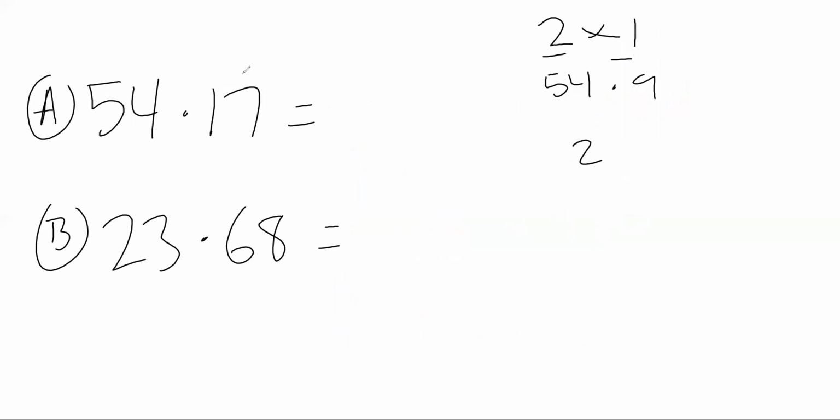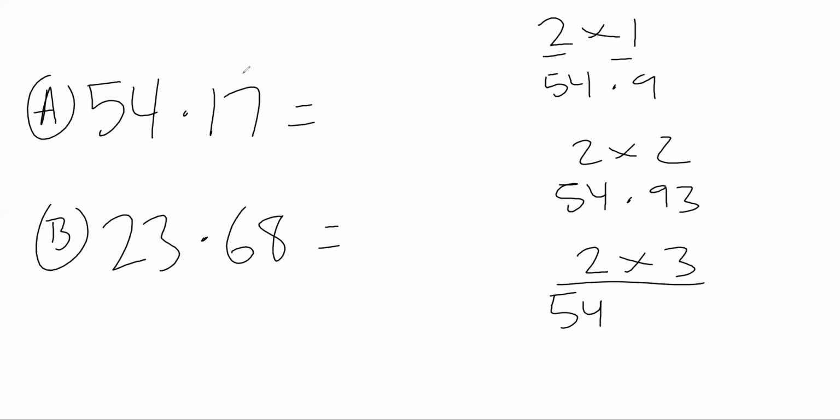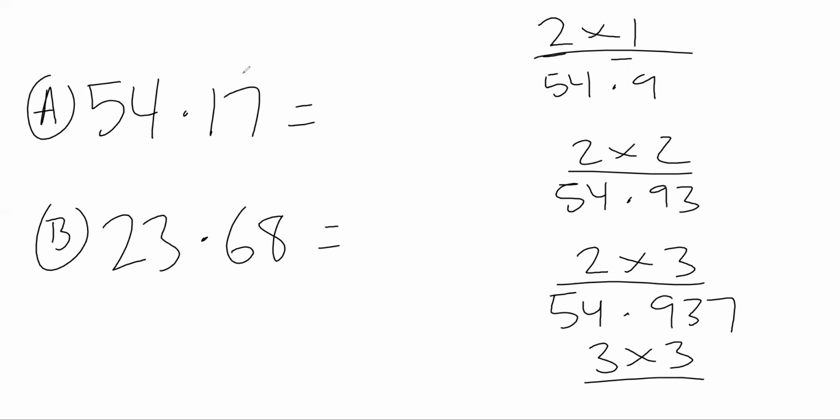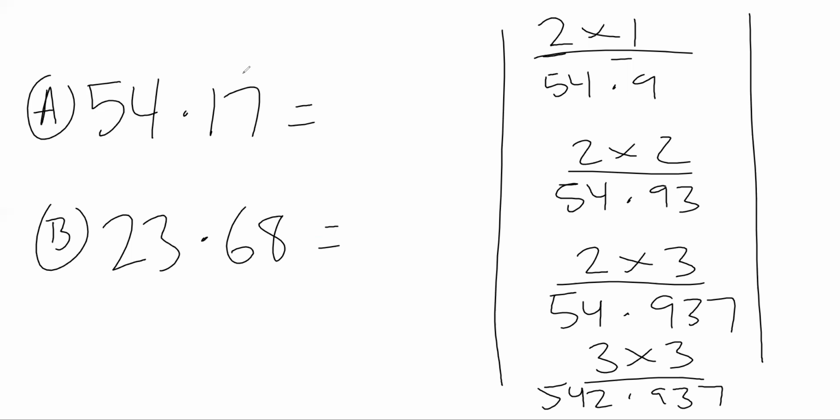We can solve 2 by 2 digit numbers, so maybe 54 times 93. Ultimately, we're going to be looking at 2 by 3 digit numbers, so maybe that's 54 times 937. And then finally, we're going to learn how to multiply 3 by 3 digit numbers. So 542 times 937.